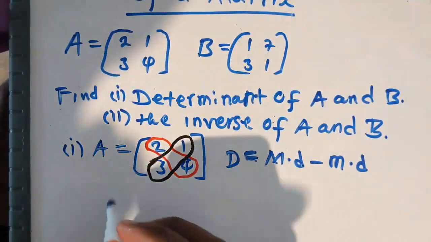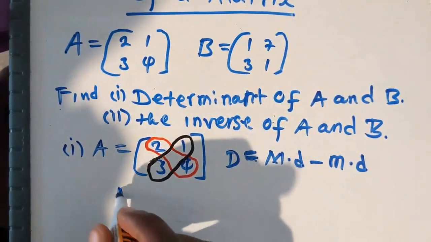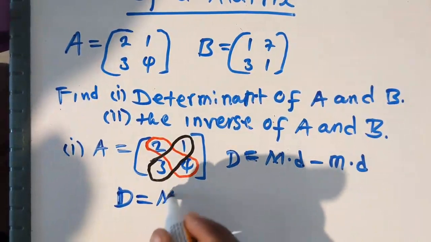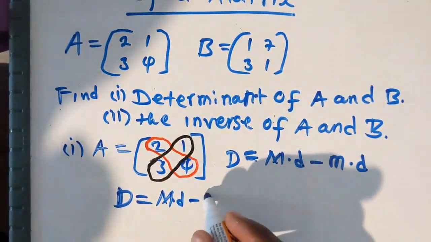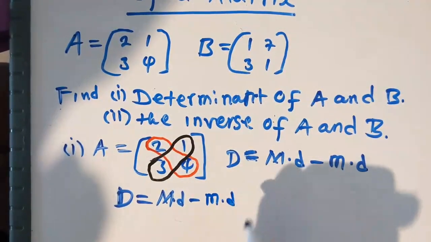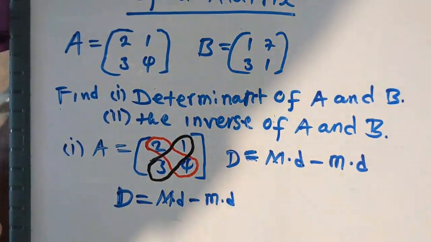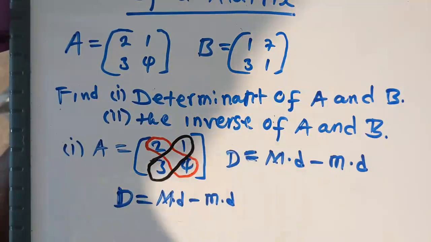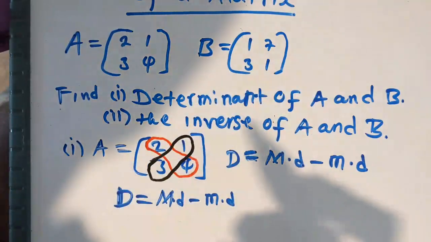So if you want to find the determinant, the determinant of A is equal to major diagonal minus minor diagonal. In short, we're talking about the product of the major diagonal subtract the product of the minor diagonal. The product is the multiplication of the two numbers.